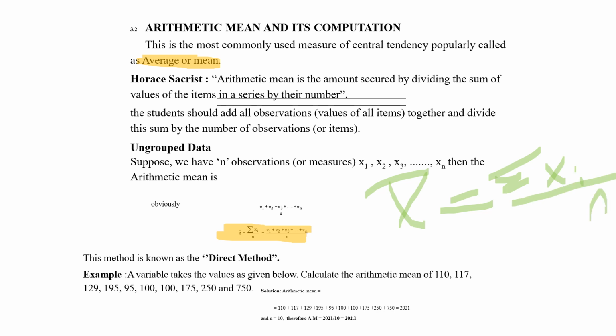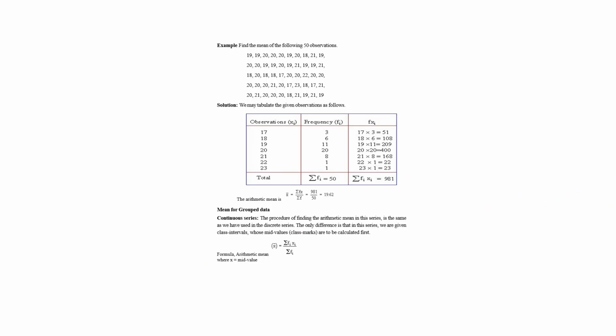This is the mean formula. This method is called the direct method. So we need to add all the observations and divide by how many observations there are. Then we'll get the arithmetic mean.